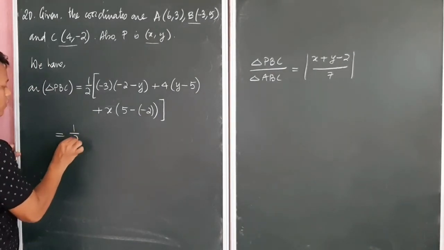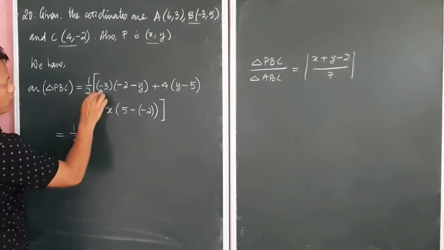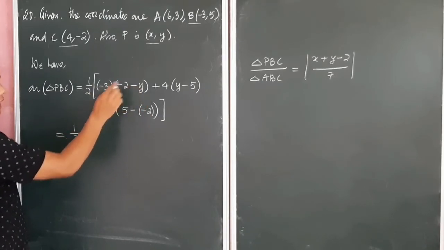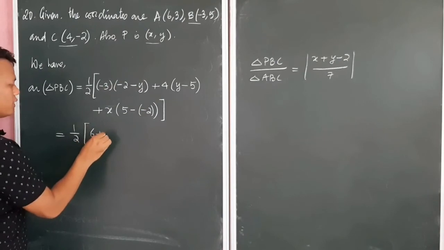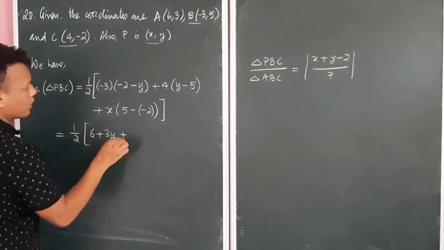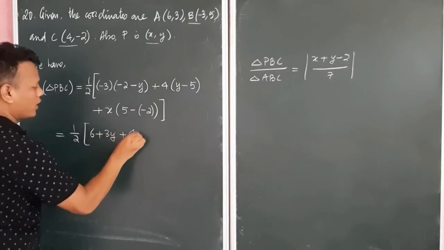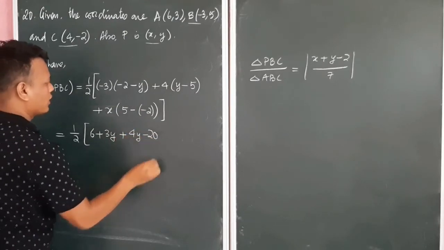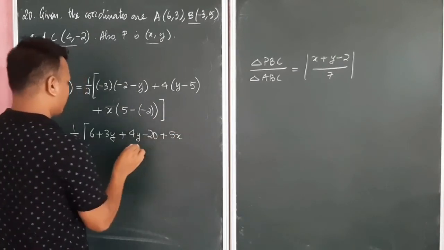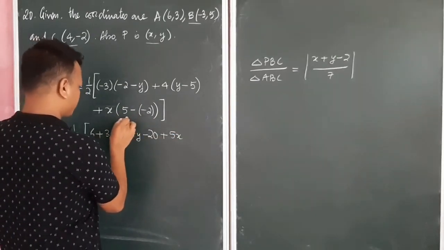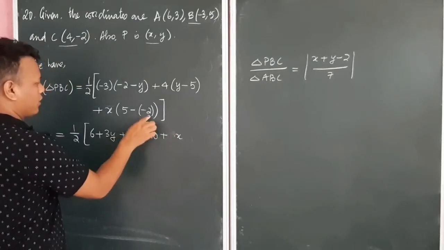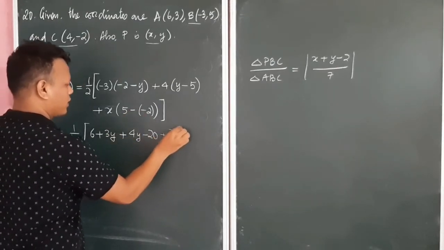We have half into, so this is minus. When you multiply these two, you will get 6 plus 3y. Now again this will be 4y minus 20. Similarly we have 5x, I'm sorry, first simplify this. So you have 7x, right?